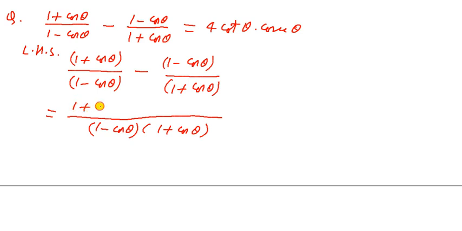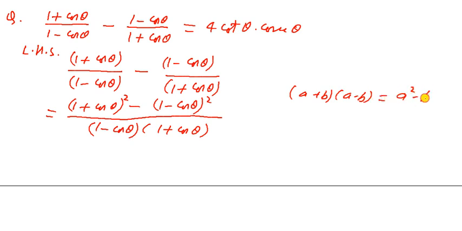So this will be multiplied here and this will multiply here. So we get (1 plus cos theta) whole square minus (1 minus cos theta) whole square. As you know, a plus b and a minus b will be equal to a square minus b square, and vice versa. So what will happen?